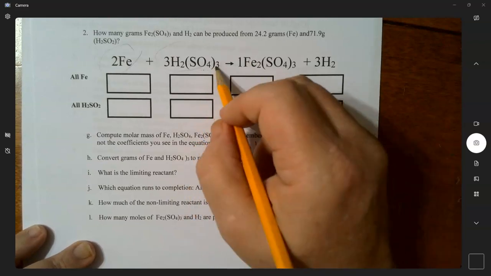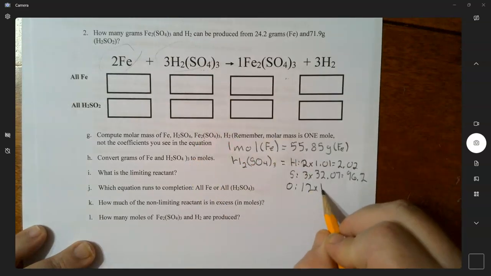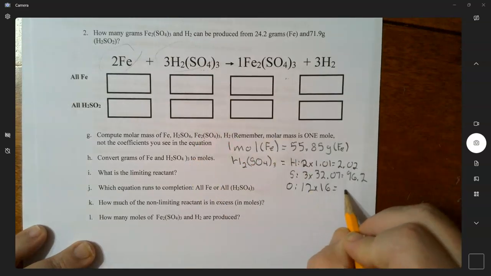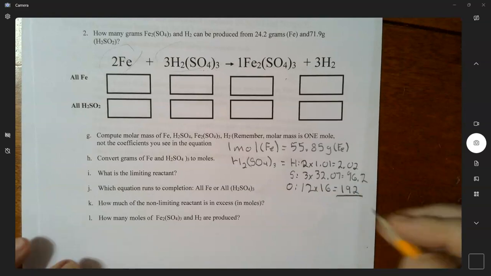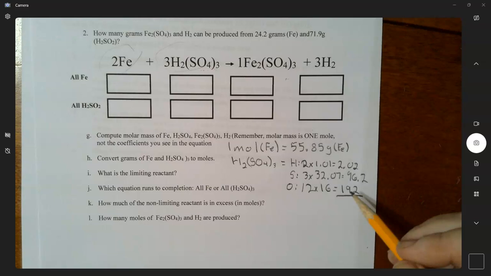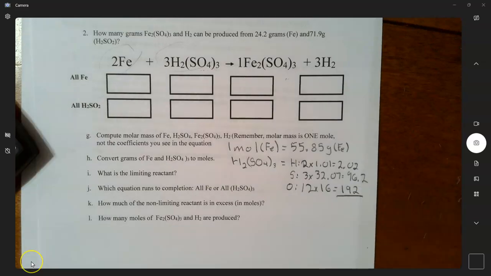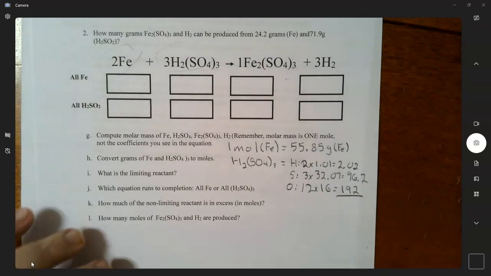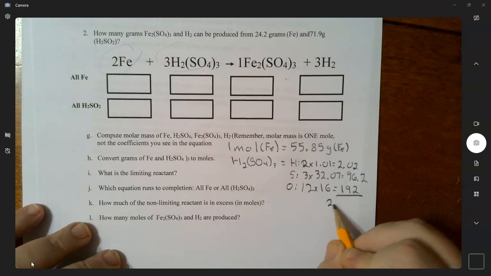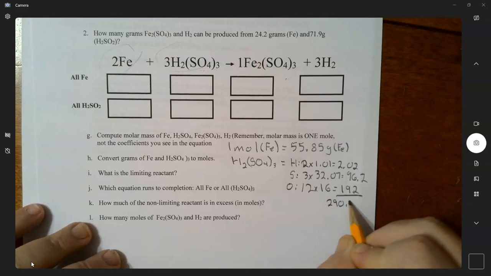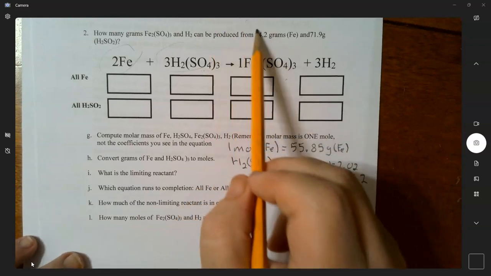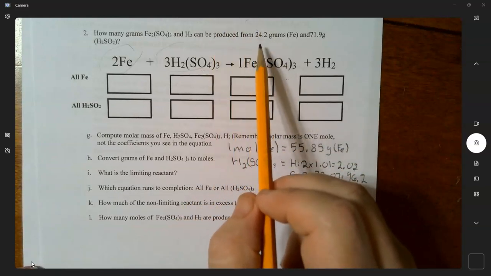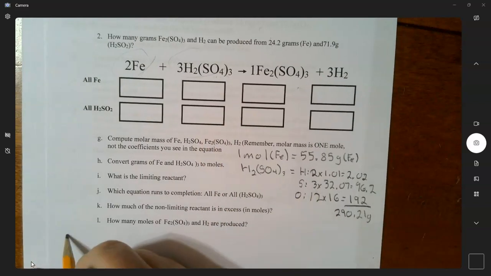Okay, you have 12 oxygen atoms, that's 16. Add these three numbers up. And we get 290.21. Okay, so now we take the reactants in grams and again keep track of which is which by labeling them.